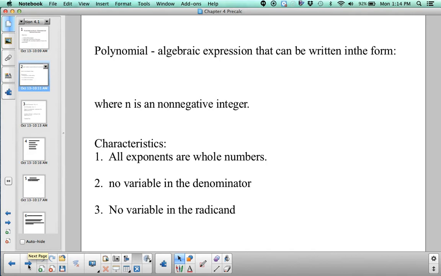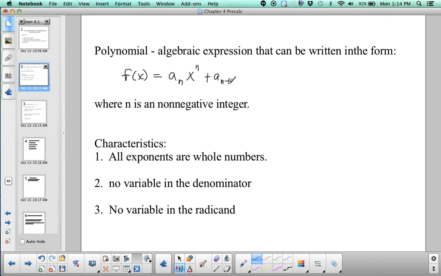So first of all, let's talk about a polynomial, which is an algebraic expression that can be written in the following form: f of x equals a sub n times x to the n plus a sub n minus 1 times x to the n minus 1 plus ... a sub 1 x to the 1 plus a sub 0, and then x to the 0, which is just 1, so we don't need it.